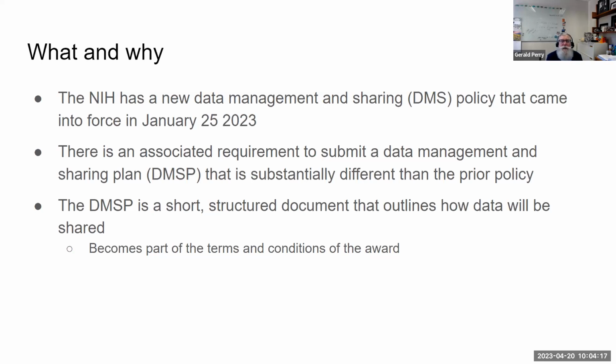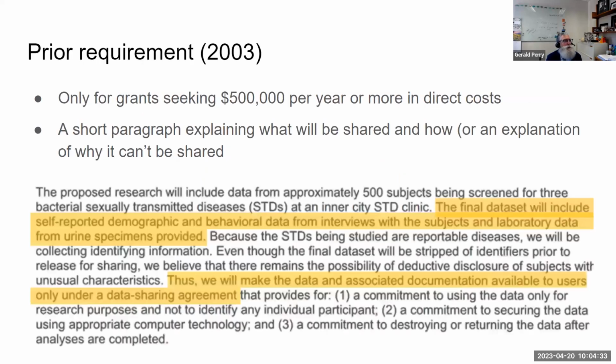This is substantially different than a prior policy that was in effect that started in the early aughts. The DMSP is a short, structured document that outlines how data will be shared. And this is important: it becomes part of the terms and conditions of an award.